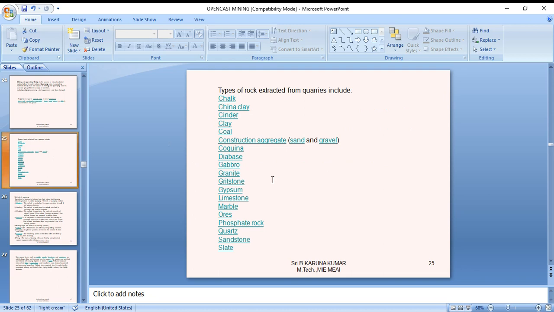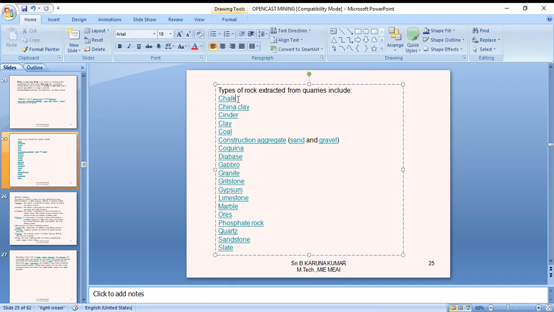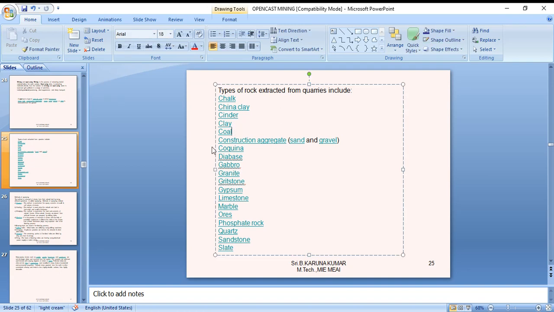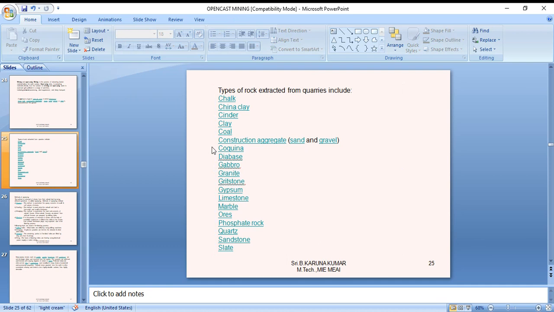Now let us see what types of quarry mines there are and what minerals we get from the quarry. The rock extracted from the quarry includes chalk, which is most important in limestone deposits, and china clay, cinder, and general clay. Of course, coal is sometimes also part of quarrying. Sand and gravel, coquina, diabase, gabbro, granite, gritstone, gypsum.